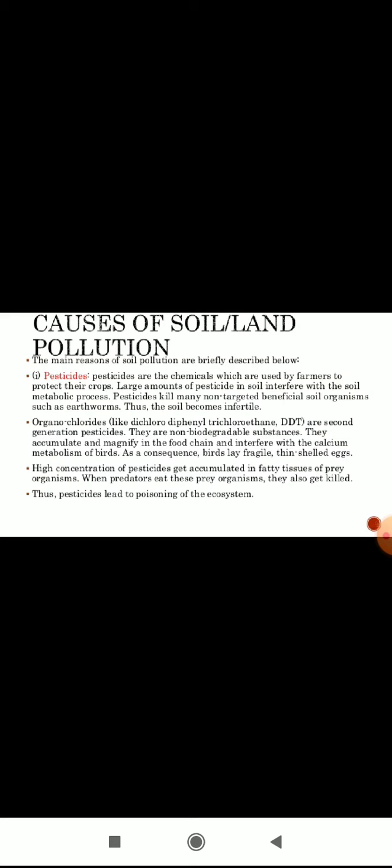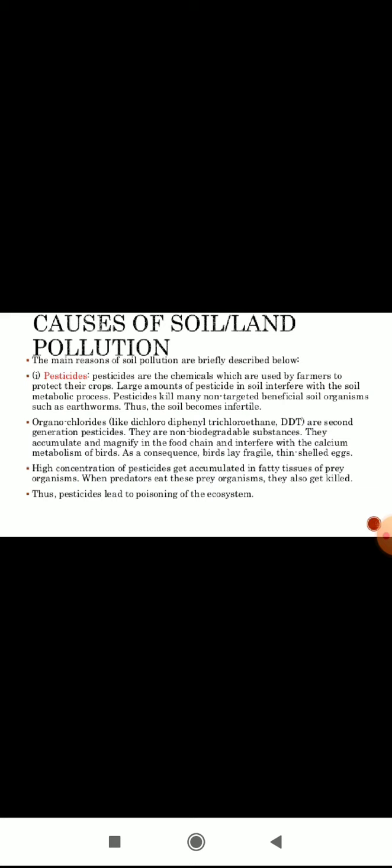Organochlorides like dichloro diphenyl trichloroethane, DDT, are second generation pesticides. They are non-biodegradable substances. They accumulate and magnify in the food chain and interfere with the calcium metabolism of birds.